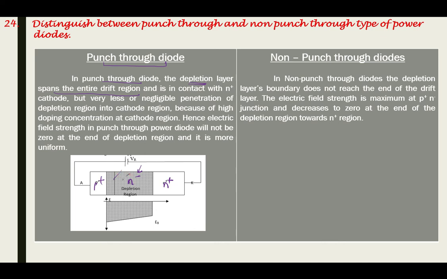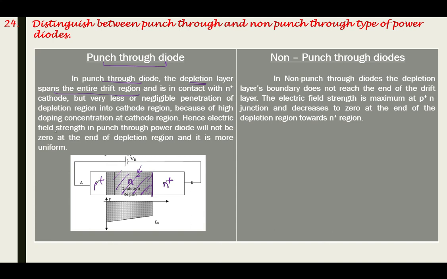That means the complete N minus region is occupied by the depletion region, and it will make contact with the N plus layer. This is the border between N plus and N minus. Up to here the depletion layer spreads, but there is very little or negligible penetration of the depletion layer into the cathode region. That means very little, or it won't go into the N plus region.